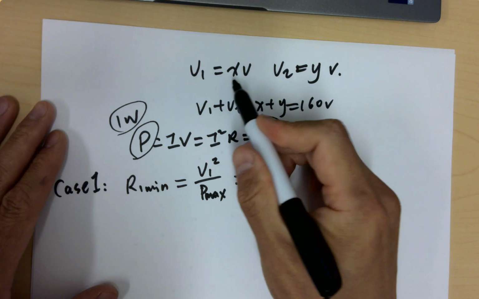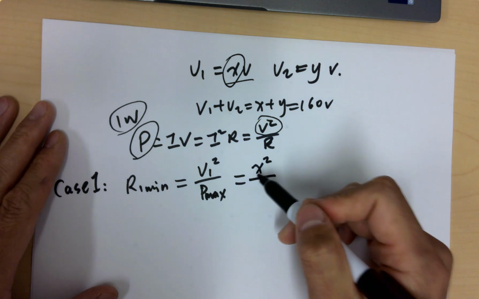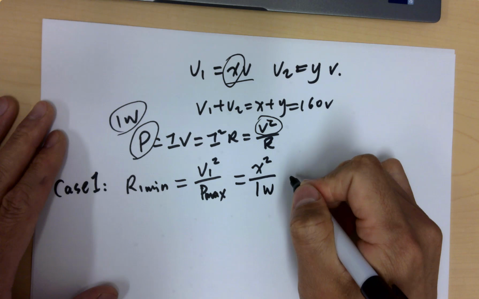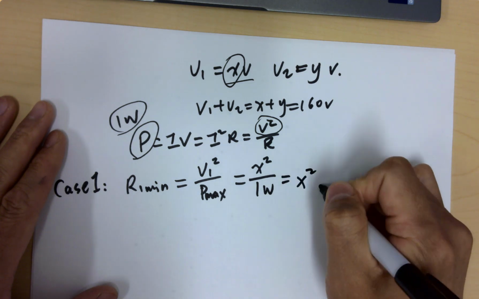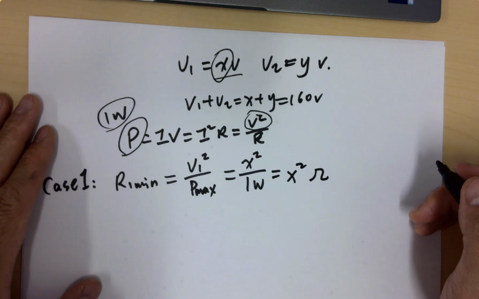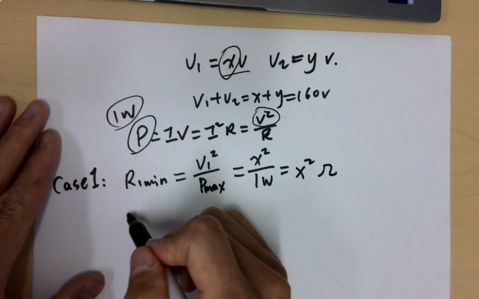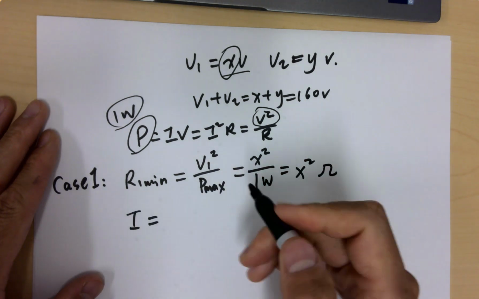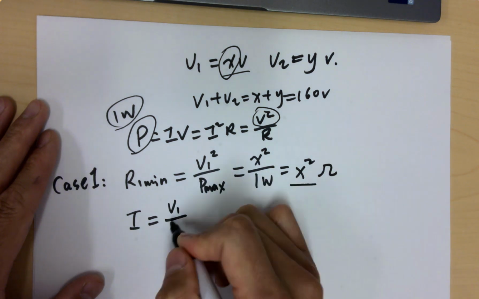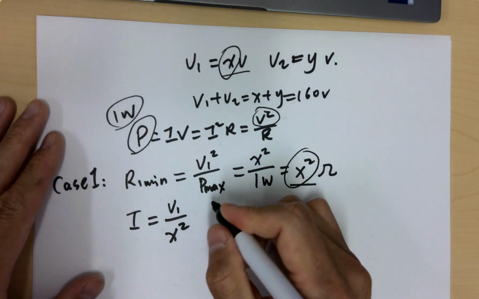So V1 is actually X, right? So X square, I'm just showing a variable here. So X square over 1 watt, which is basically X square ohms. Okay, so in that case, you will be able to calculate I, the current. It's just a very simple circuit. Then you calculate I, which is V1 over X square, which is this resistance we just calculated.